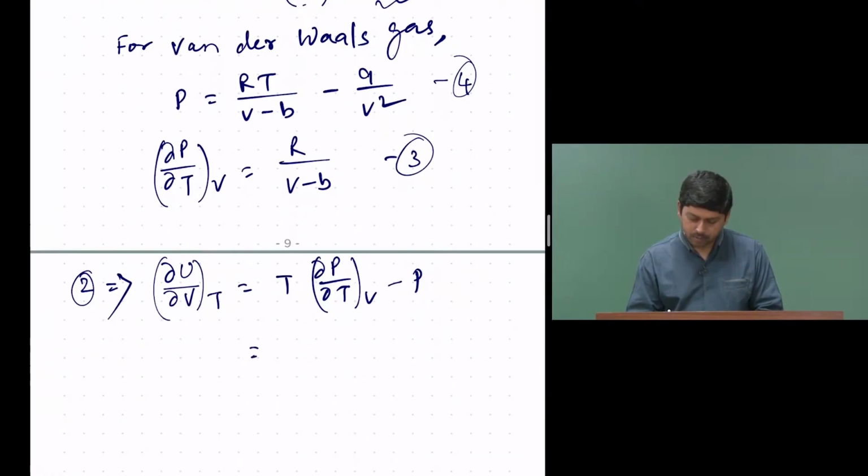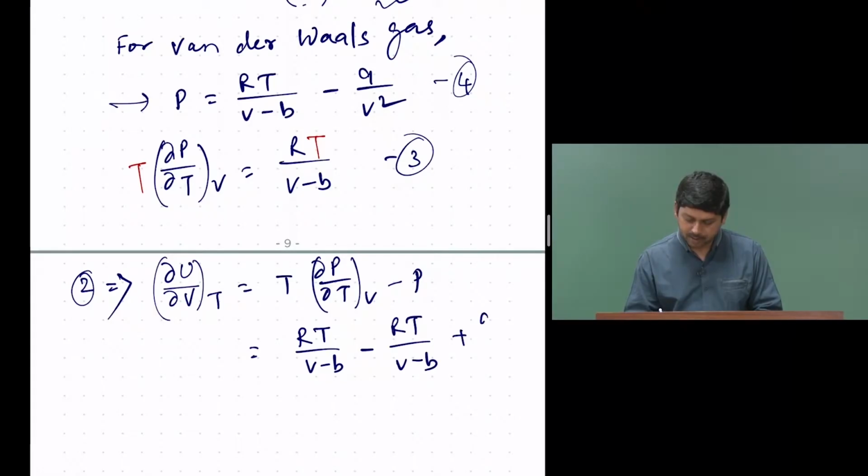We are going to use both. T into del P del T at constant V will be RT by V minus B, minus RT by V minus B plus A by V square, which is nothing but A by V square.